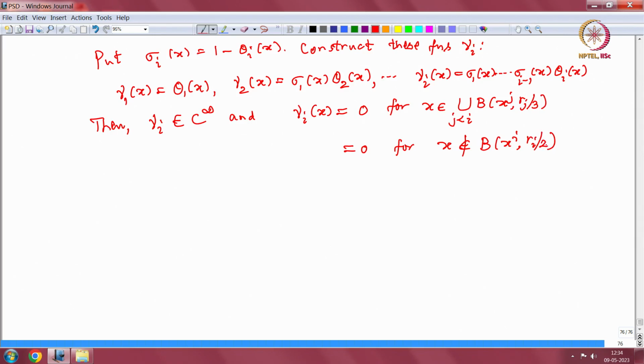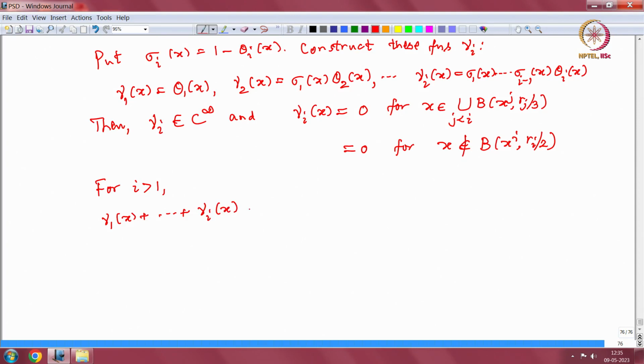Okay. These are straightforward verifications. More important, we will now come to this. For i bigger than 1, this gamma 1, gamma 2 partition of unity, so we have gamma 1 x ... gamma i x.